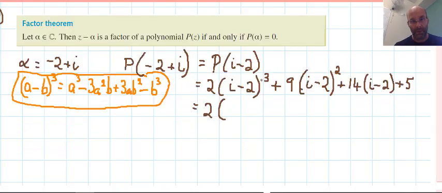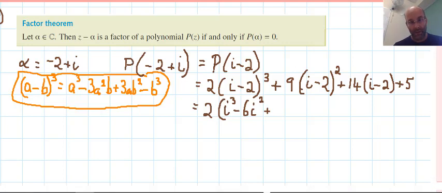So following the pattern here, we've got 2 outside of i cubed, minus 3 times i squared times 2, so 3 times 2 is 6, i squared, and plus 3 times a times b squared.